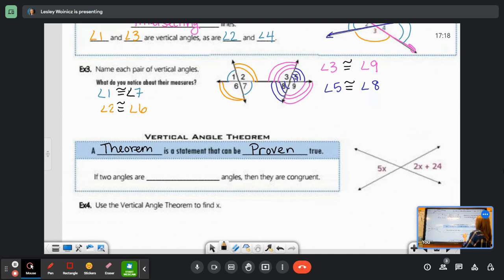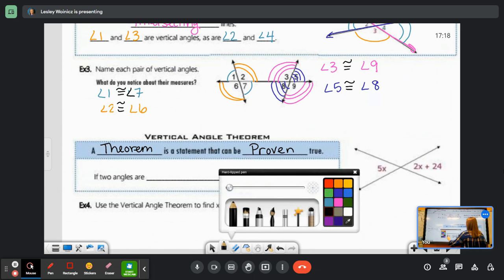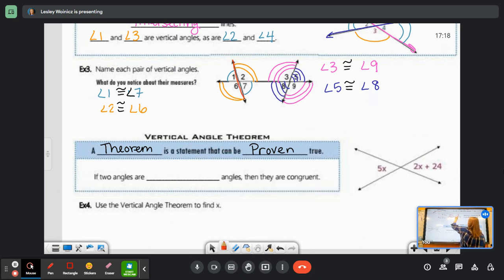So the nuts and bolts of proving it is, look at this. If 1 and 6 have to add up to 180, so do 1 and 2. So 1 is already equal to itself.